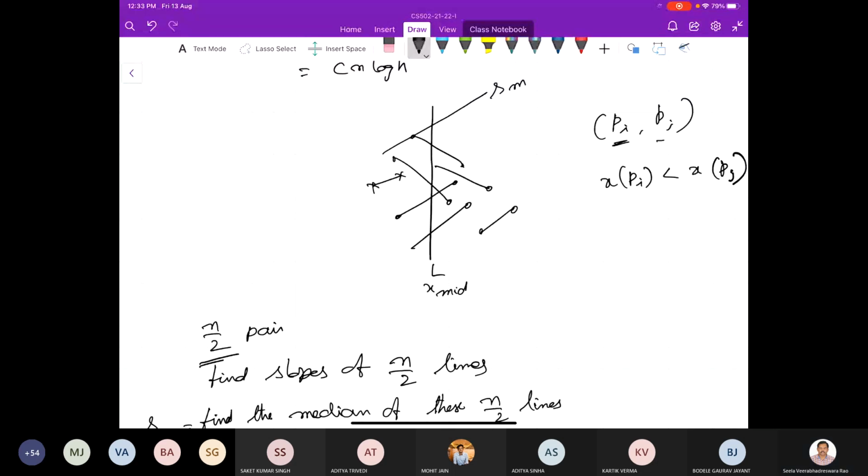That slope may occur with respect to this particular pair, which may be giving the slope SM. But it doesn't matter. With this slope, you draw supporting lines to each of these points. You take all these lines with the median slope.